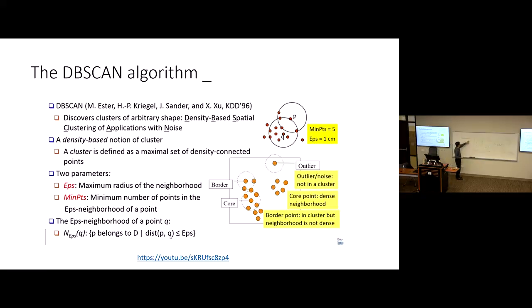Remember, for k-means the hyperparameter is only one number, but for DBSCAN you need two: this radius, and also this m, the minimum number of points inside these neighborhoods. So you need to have, for example, at least 3 members in this neighborhood in order to be treated differently, okay? If you don't have this minimum number of members in this small neighborhood, you will be treated differently. So those are the 2 hyperparameters for DBSCAN.